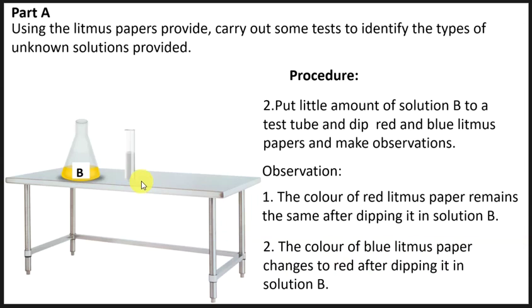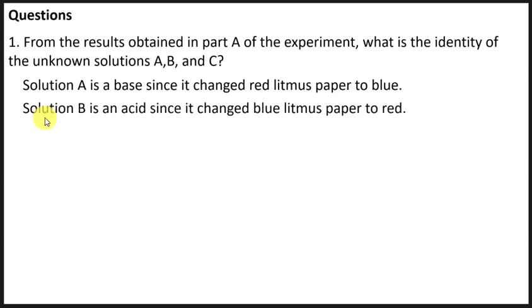What changes blue litmus paper to red is an acid, because acids are substances that change blue litmus paper to red. So solution B is an acid. We'll come here and record: solution B is an acid since it changed blue litmus paper to red.